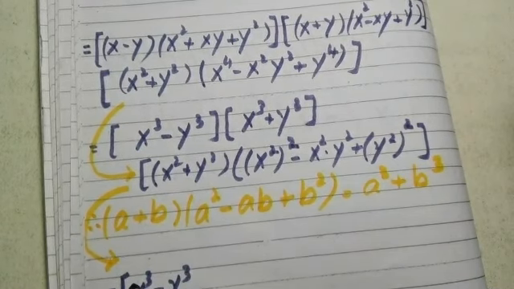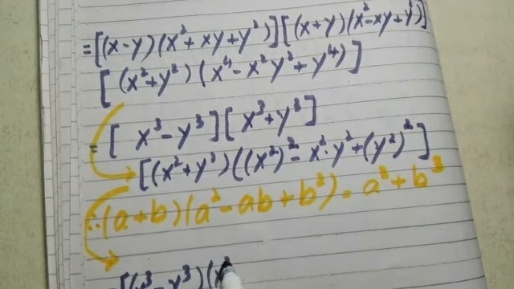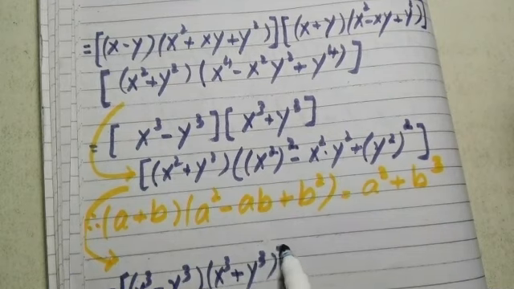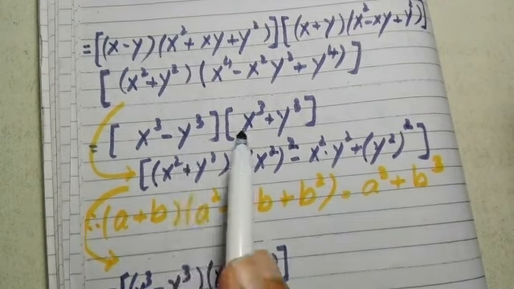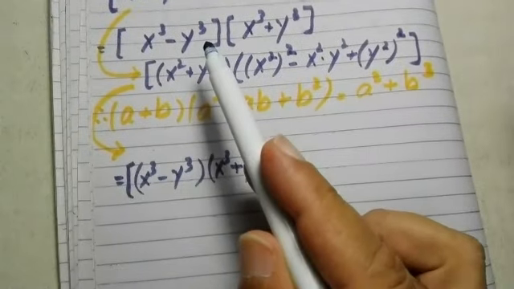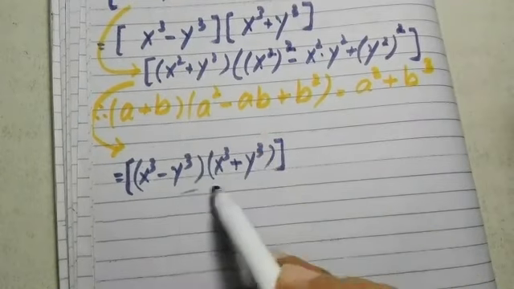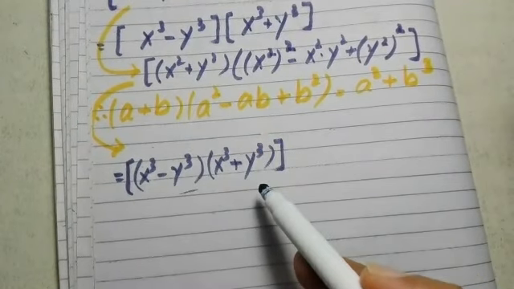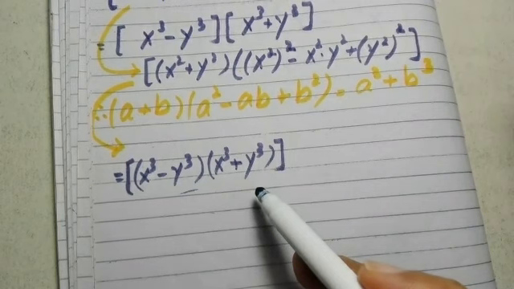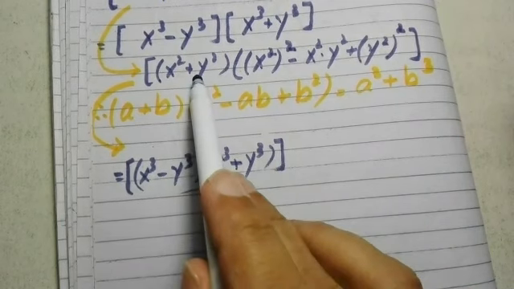We rather enclose these two terms in a single bracket because we will further multiply them with the help of another formula. The first two brackets are enclosed in a single bracket.